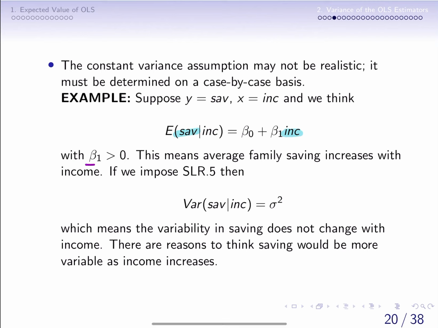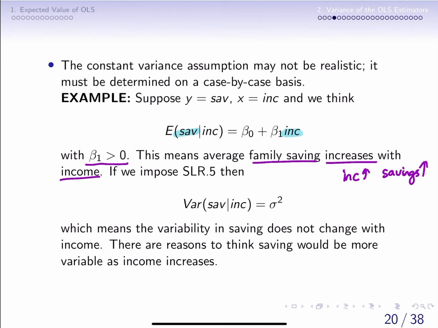Now we would expect the value of beta 1 to be greater than 0, right? So on average we expect that family savings, or individual savings, would increase with income. So as your income goes up, savings also go up, okay?